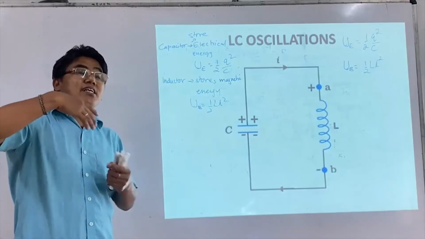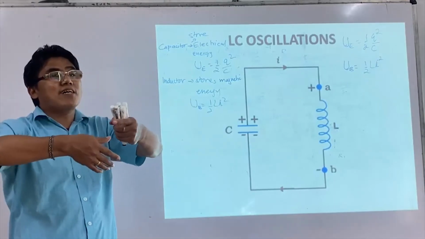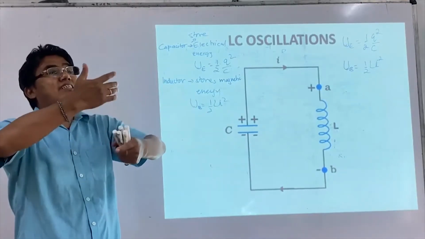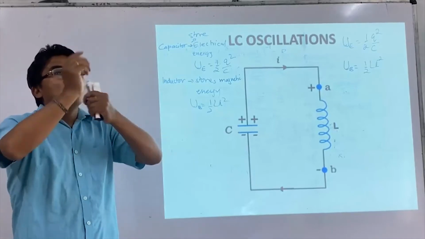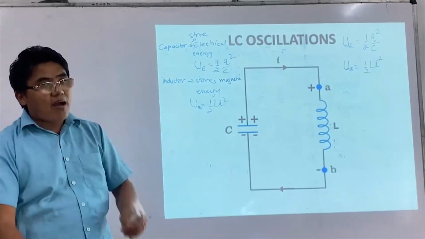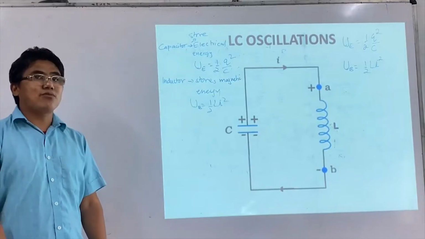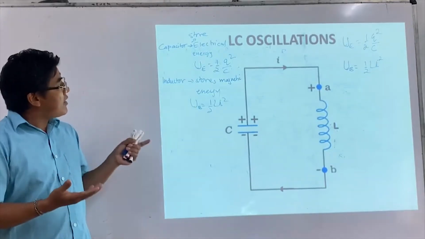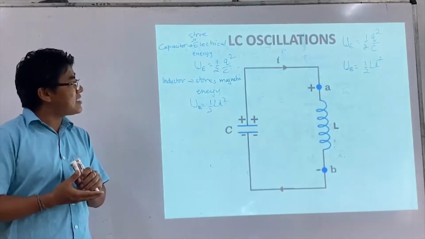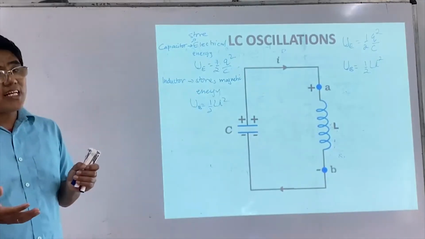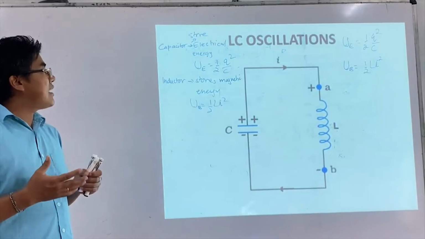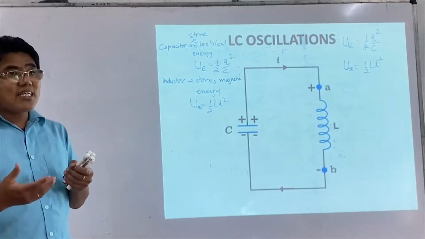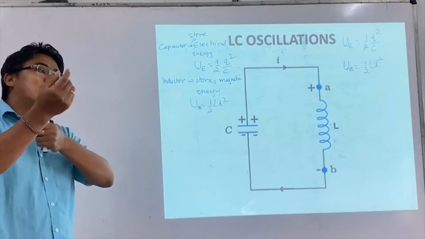Kinetic energy changes into potential energy, and sometimes potential energy changes into kinetic energy. This is how transfer of mechanical energy takes place within a pendulum. Very similar to this, in LC oscillators the magnetic energy and electrical energy transfer to each other.